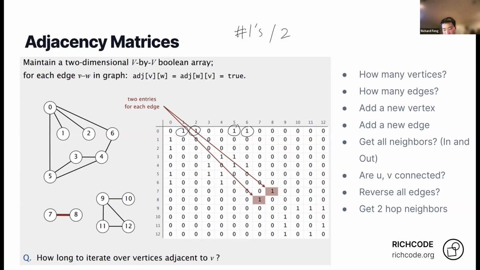So a 1 indicates there is an edge between two vertices, but we have to divide it by 2 since it's an undirected graph. Yeah, we are overcounting.